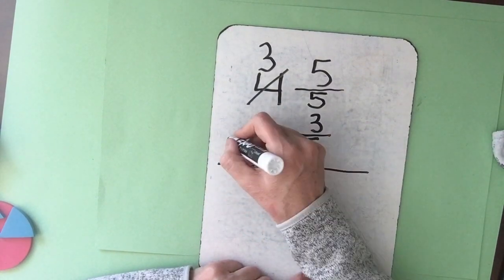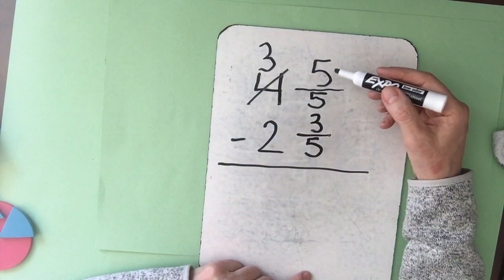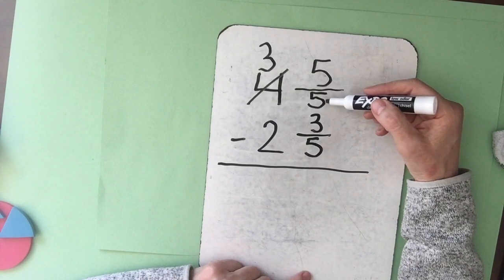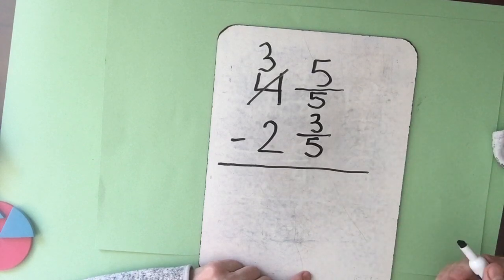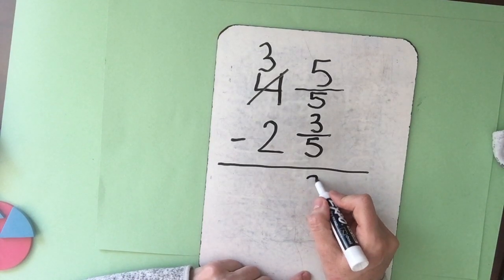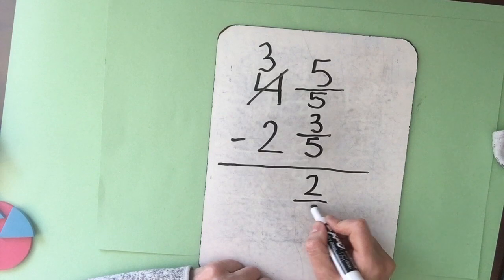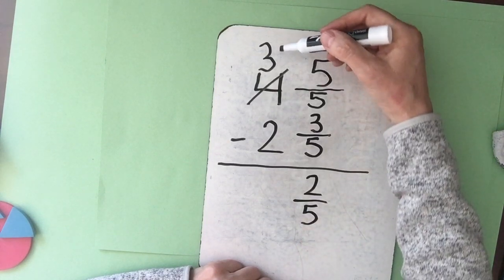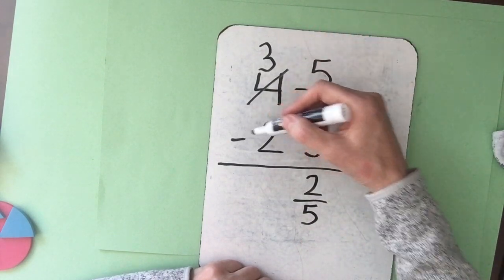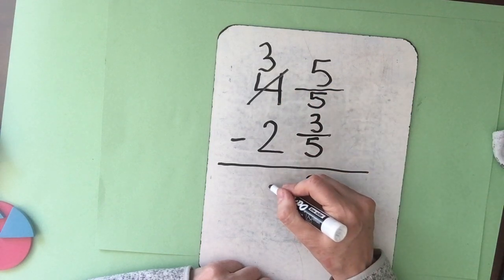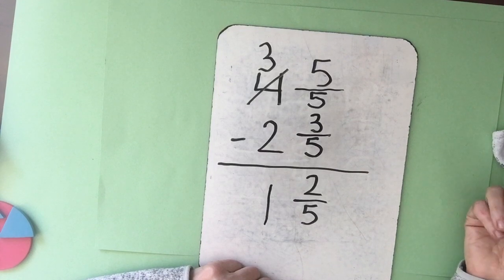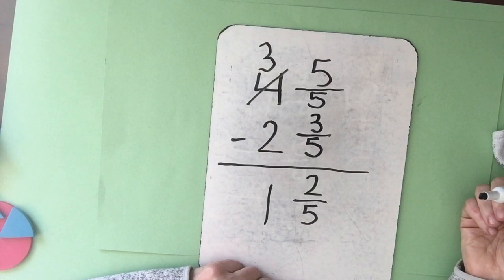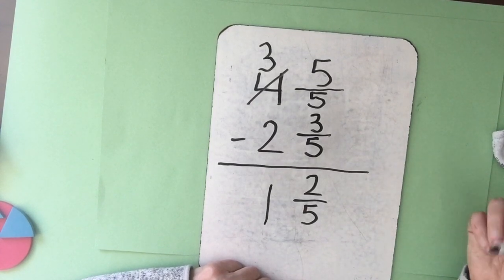So now you're going to subtract 5/5 minus 3/5. And on this one, you're going to subtract 3 minus 2. And this is our final answer, 1 2/5.